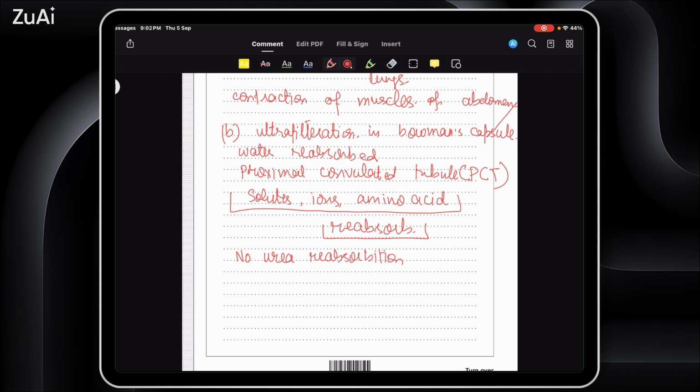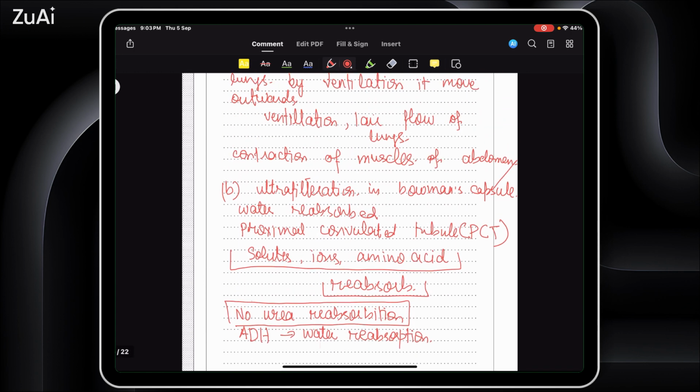We have the hormone ADH, antidiuretic hormone, which causes more water reabsorption. Water reabsorption occurs, but there is no channel for urea reabsorption. That's how urea is concentrated, and urea is excreted out. That's how you will answer this.